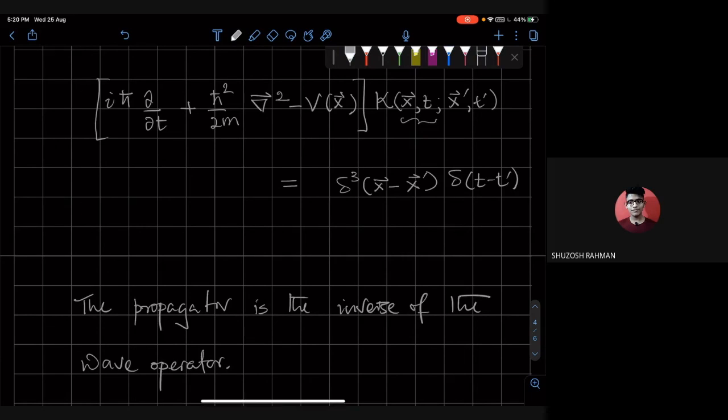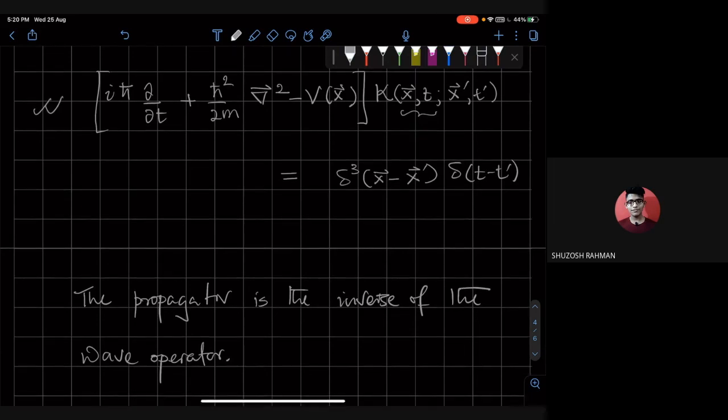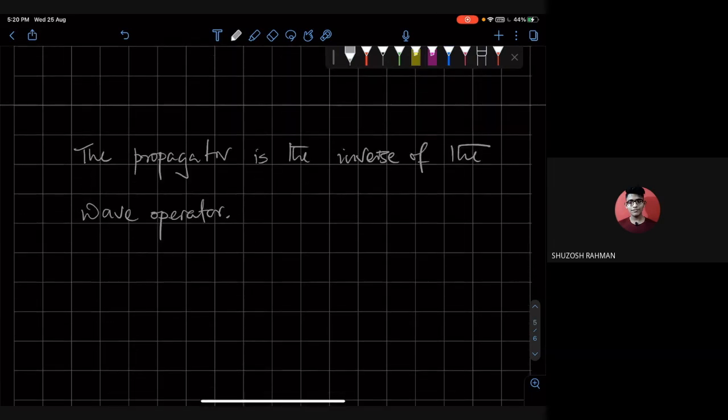Right? So if I look at this equation and express it as a matrix equation, then I have some wave operator, say call it the Schrodinger wave operator, D_S, that acting on the propagator gives you the identity, right?